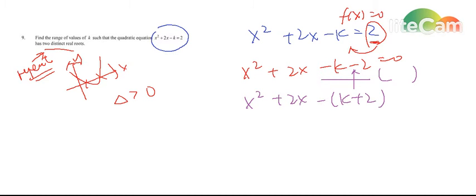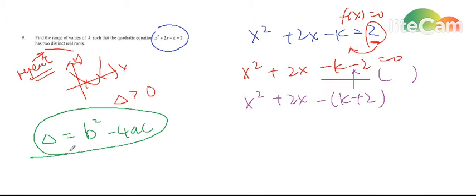So now we need to catch up our memory for the delta. It is equals to b squared minus 4ac. So we use this formula to solve the questions. If you remember, the number in front of our x squared, we call it a, and in front of the x we call it b, and the constant value we call it c.